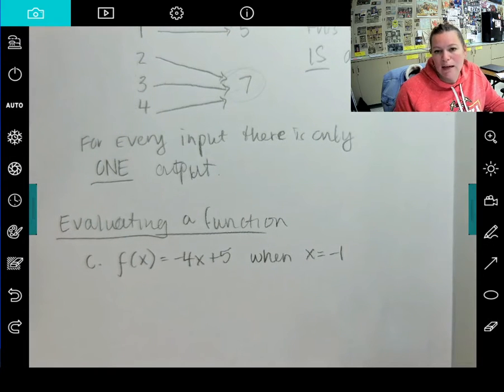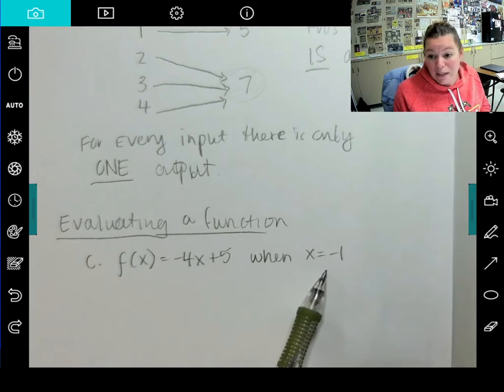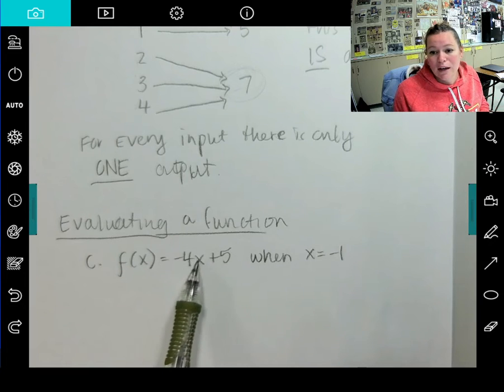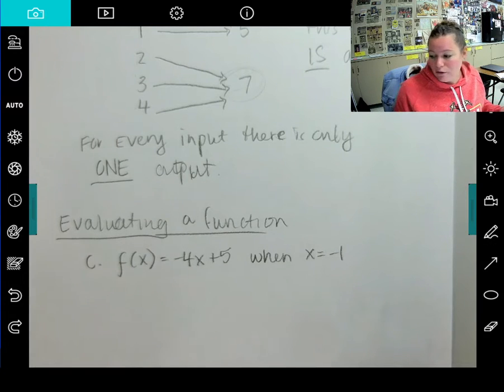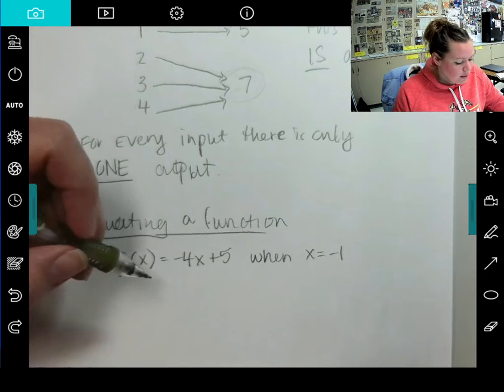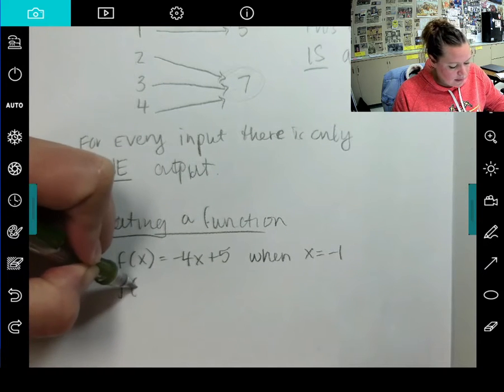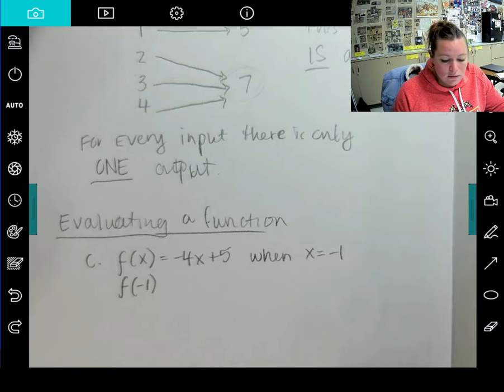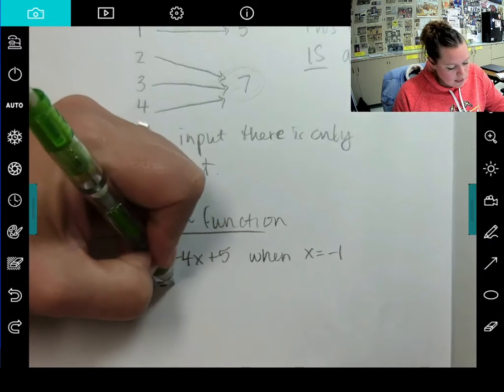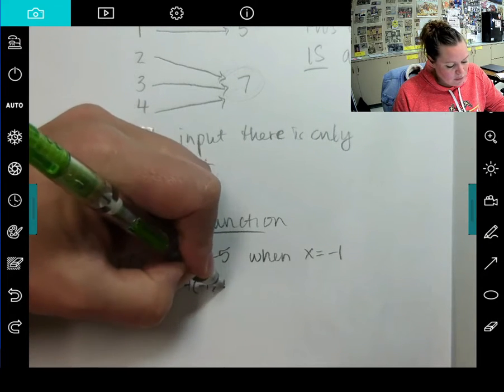So we're going to take our given x value and substitute it in for every x that we see in our function. So this would lead us to getting f of negative 1 equals negative 4 times negative 1 plus 5.